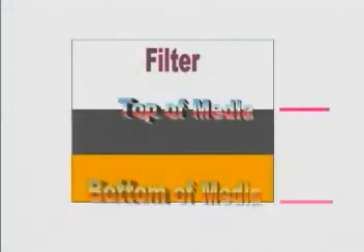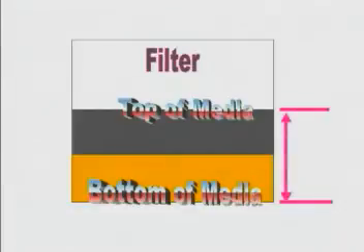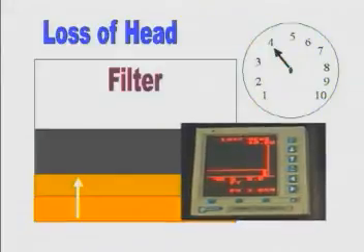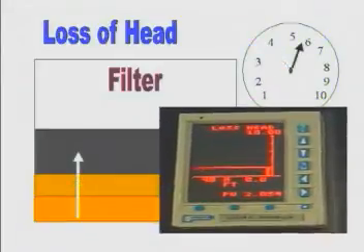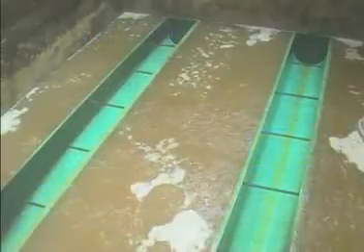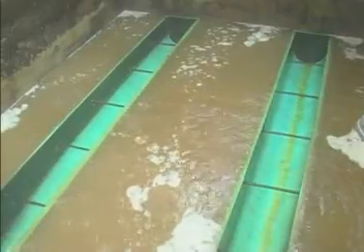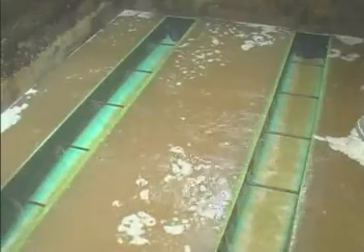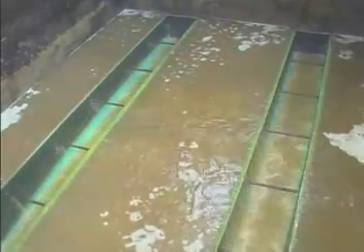Head loss refers to the pressure differential between the top and bottom of the filter media. As the pore spaces are closed off with particulate matter, the pressure loss increases. Whenever any one of the 3 criteria is reached, the filter is backwashed or cleaned, and the process is started again.